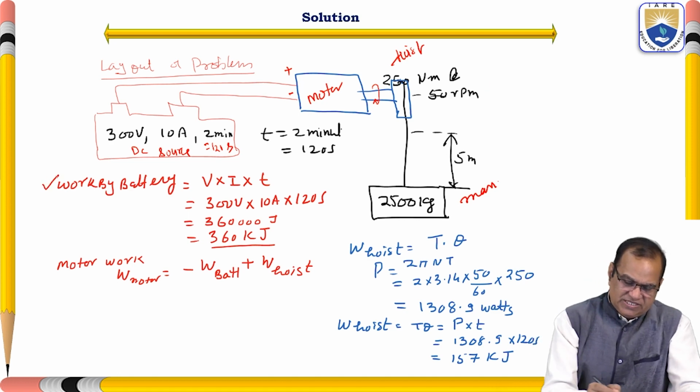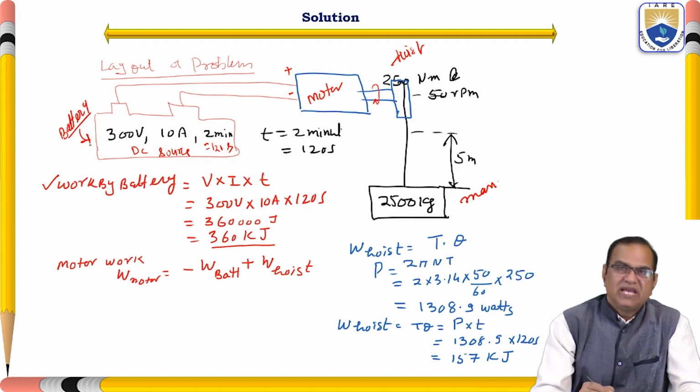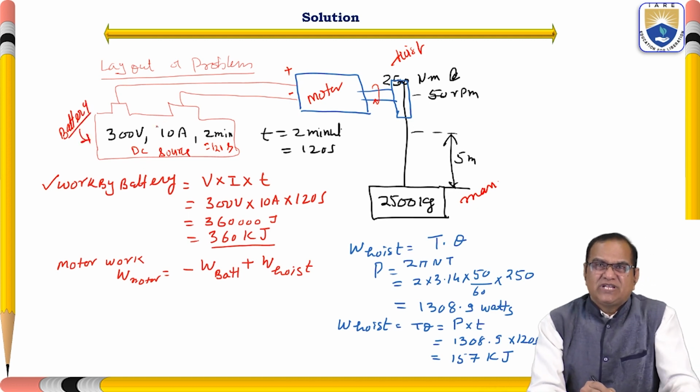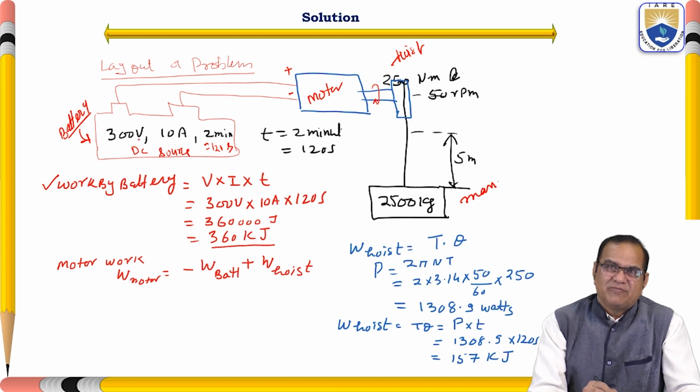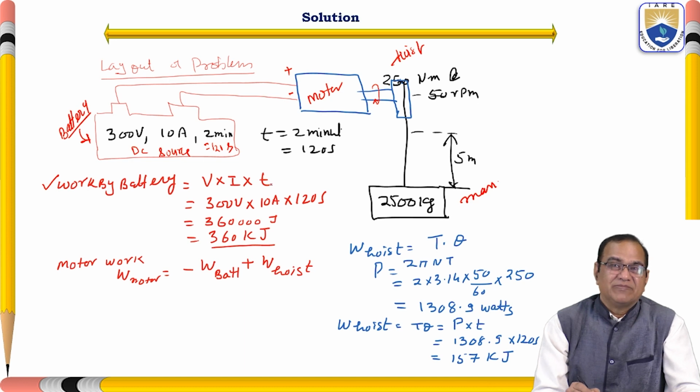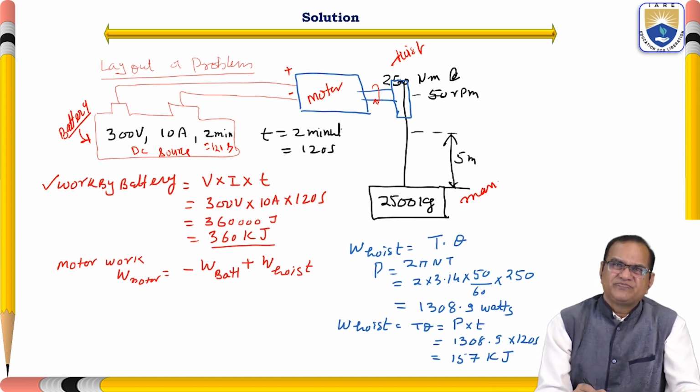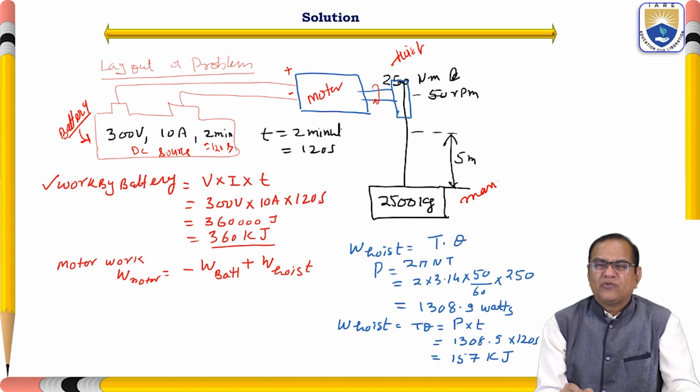First case, this is the battery, our power source. We know that the work done by the battery is V into I into time. V is given 300 volt, current is 10 ampere, and time is 2 minutes, so 120 seconds.